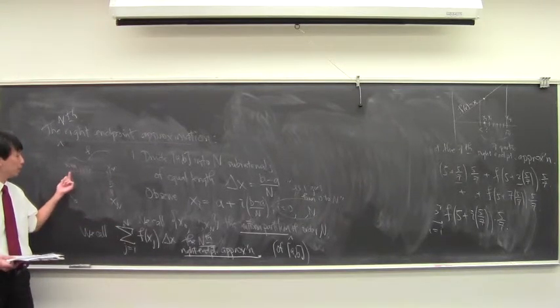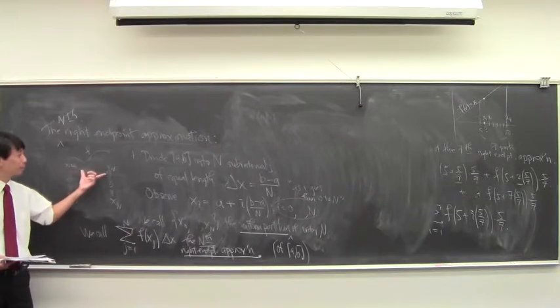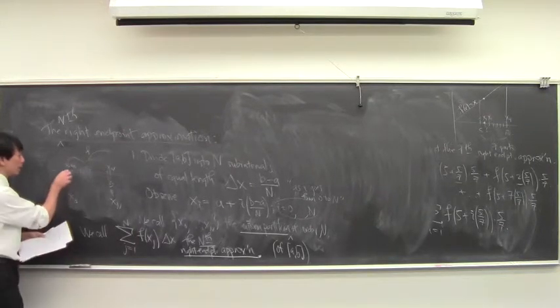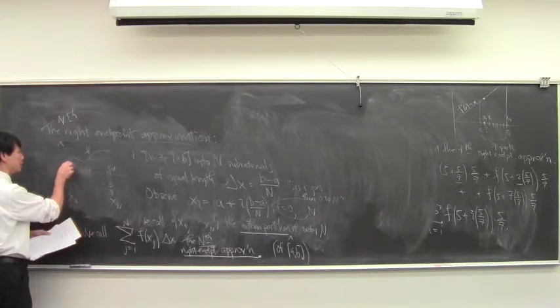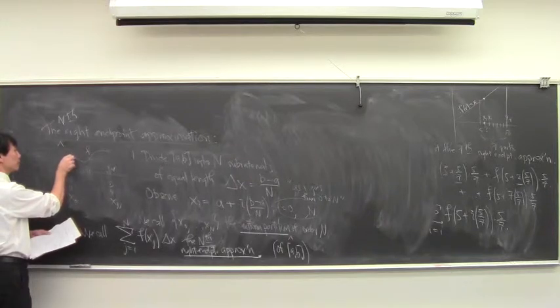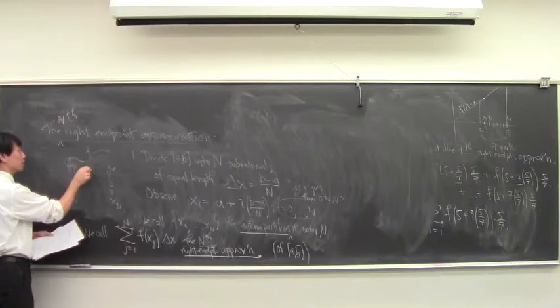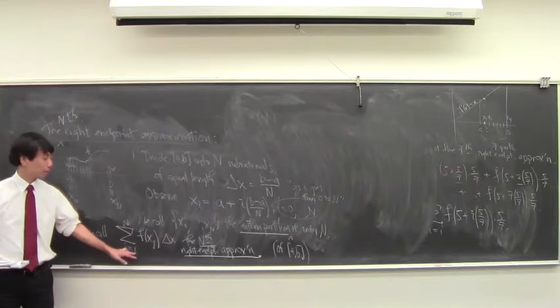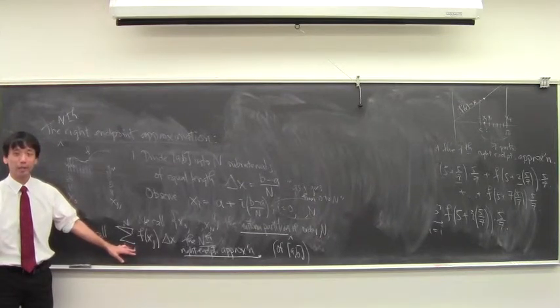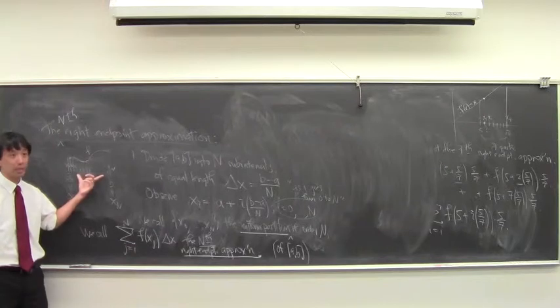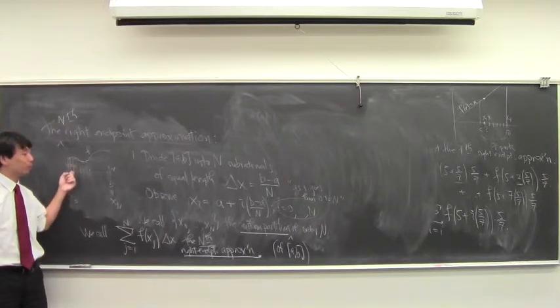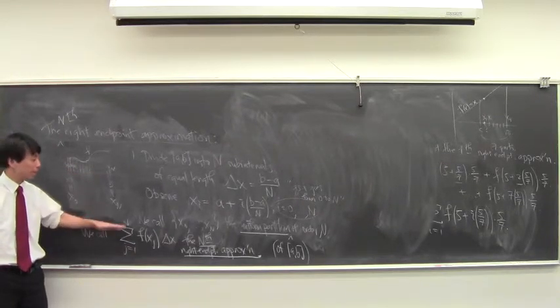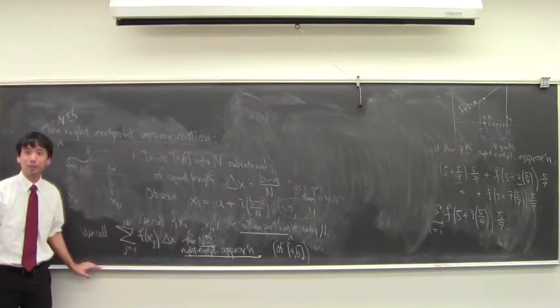So it's the sum of all the areas that you get from evaluating the function at the right endpoint and then multiplying by the width of the base. So it's this, after you've divided this thing into n pieces. So this is just a number, and here's how you get the number. You divide the thing into n pieces, evaluate it at the right endpoints, and then multiply by the widths of the base and add those things together. That's the nth right endpoint approximation.